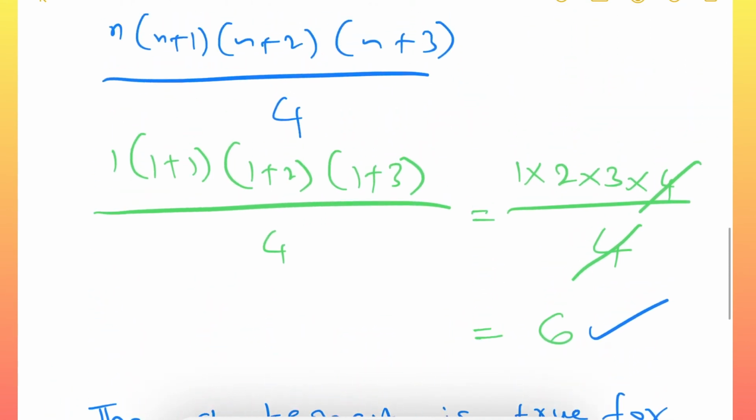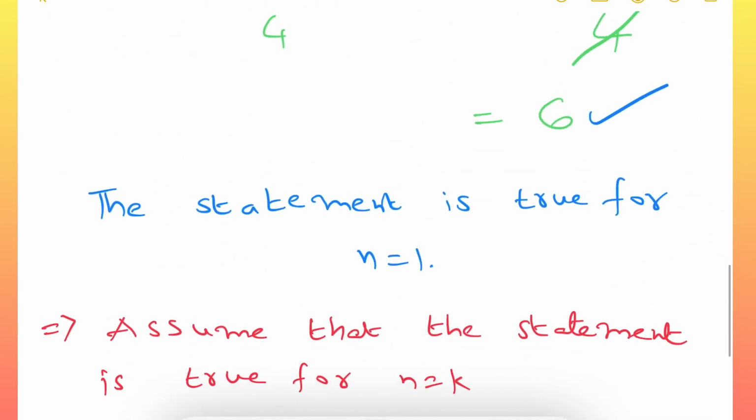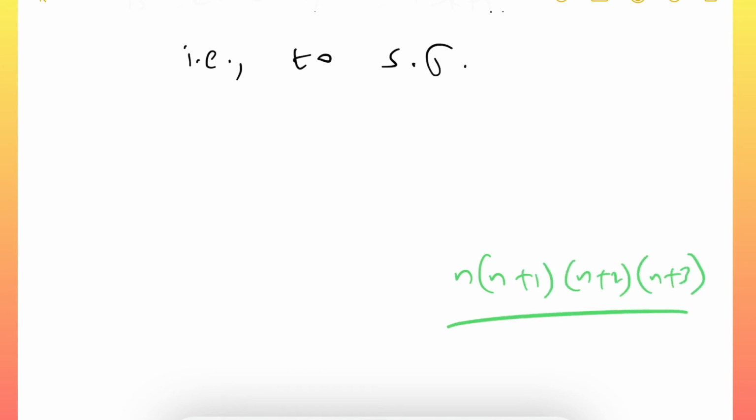Here if you observe the RHS, n into n plus 1 into n plus 2 into n plus 3 whole divided by 4, I'll write it here just as rough. Now in the place of n we need to substitute k plus 1, here also k plus 1, here also k plus 1, here also k plus 1.